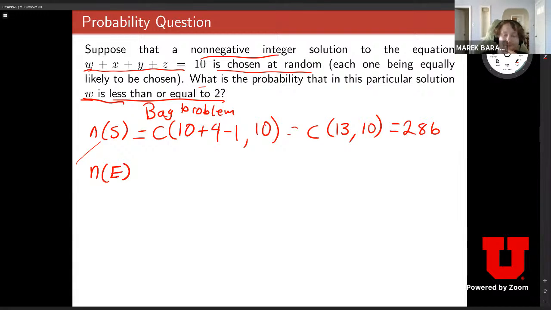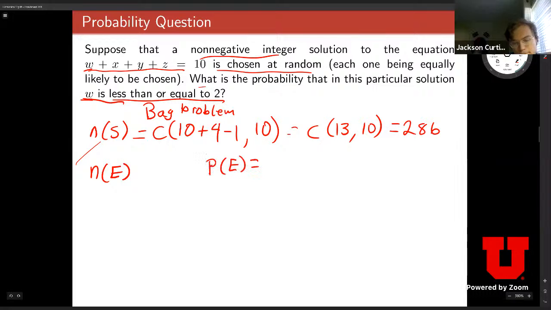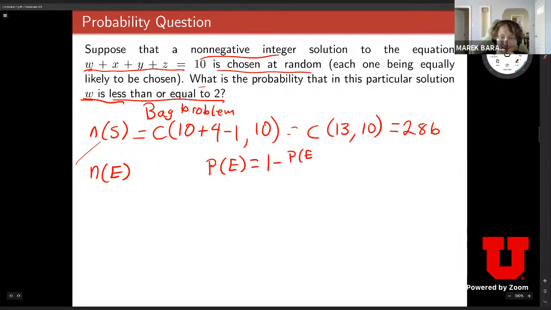So remember, we have the complement rule. The probability of E is equal to 1 minus the probability of not E. And that's equal to 1 minus the number of the complement event over the sample space. So what we want to find is the complement event.